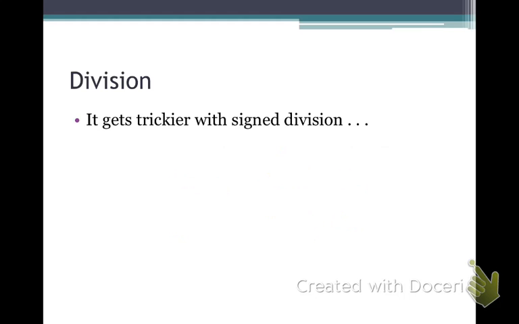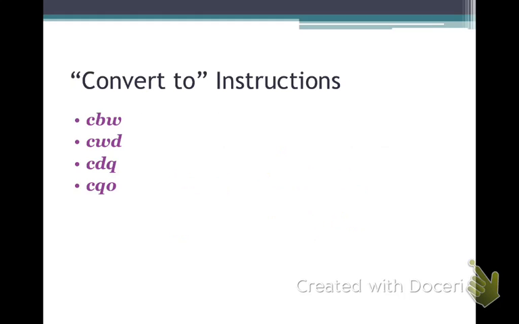It gets a little trickier when we have signed division. The dividend must be sign extended with those extension bits put in EDX, and I've got some instructions that are designed just to do that. The convert instructions: the first one, convert byte to word, word to double word, double word to quad word, and even bigger. Each of these is going to copy the sign bit of the original to the high order half of the result. So, in this case, I'm going to convert byte.